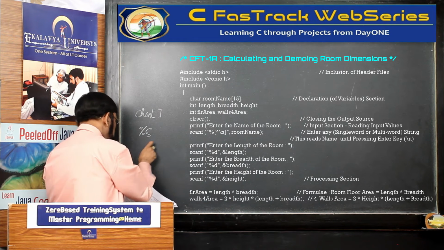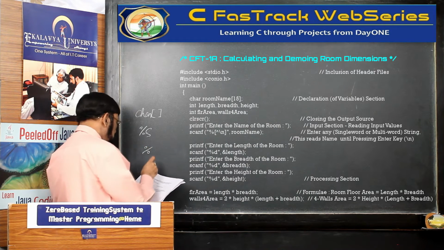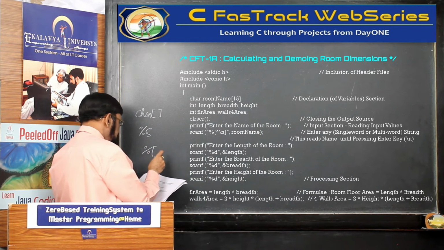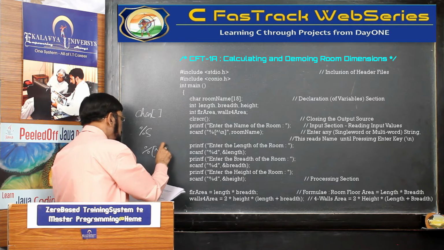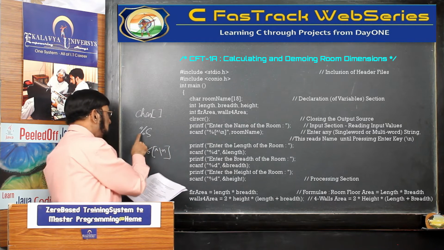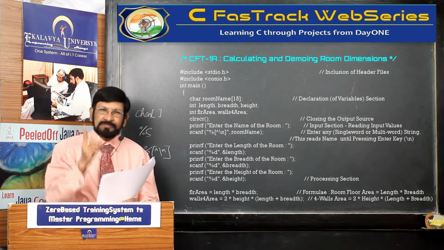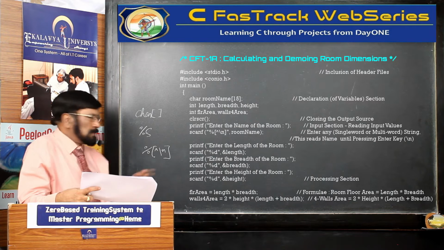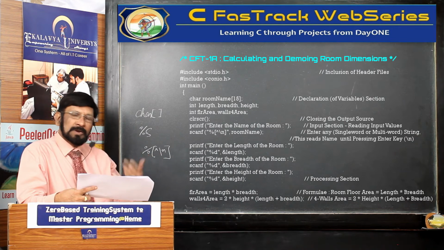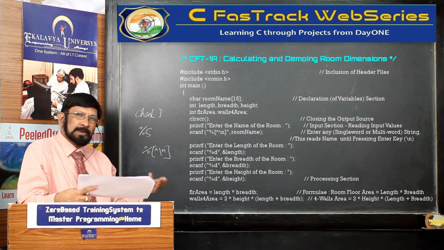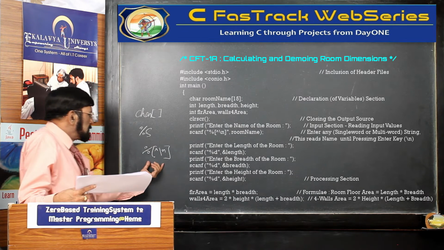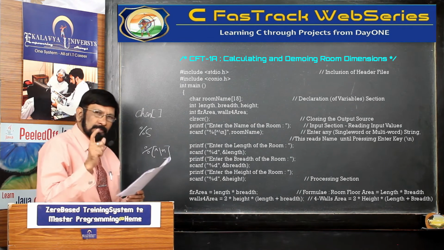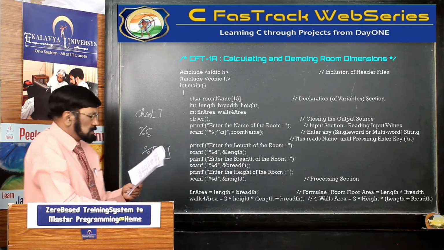Always assume that you are going to enter multiple words. Don't write percentage s always, otherwise only a single word can be entered. Even human names are always multiple words: Raju one word, then Mohan Kumar two names. That's why I always use this code. Already explained to you in the concept zone of the first program.